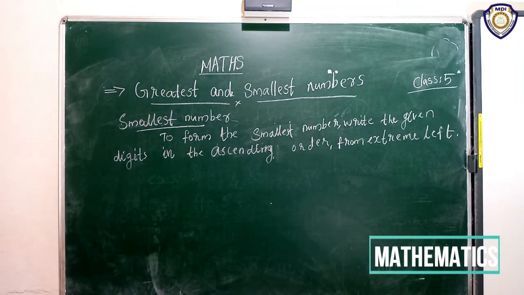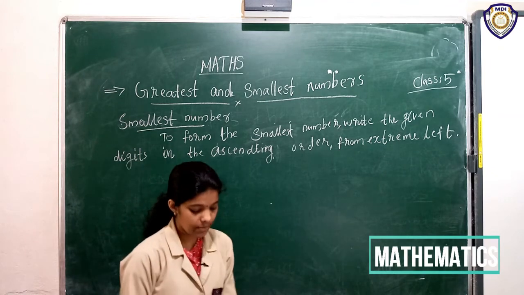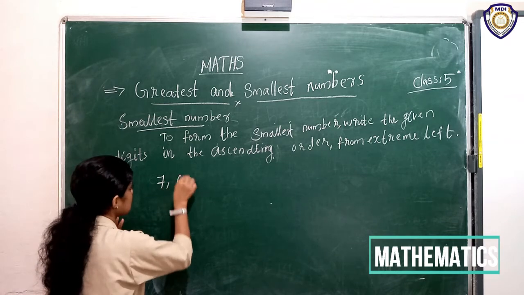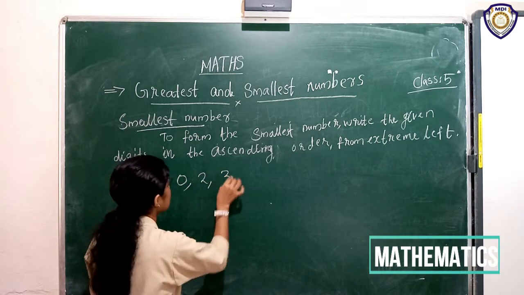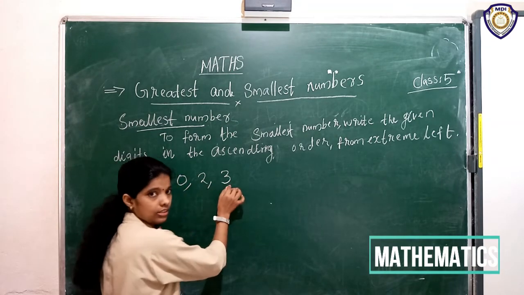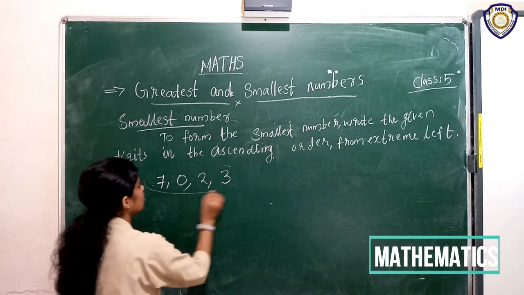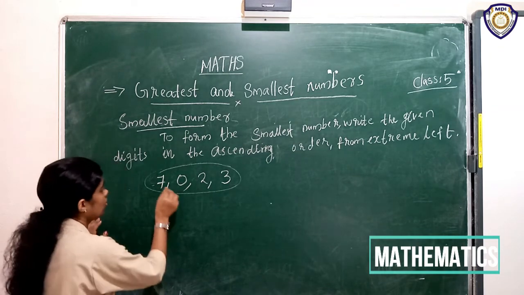Okay. One example for you. Given digits 7, 0, 2, 3. Form the smallest number among these.